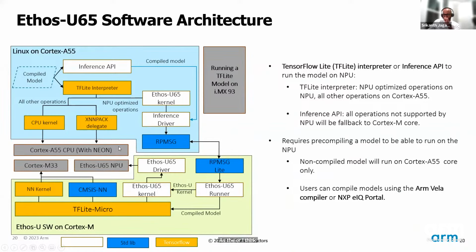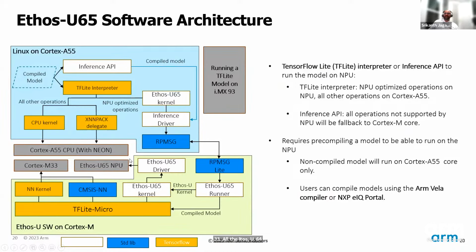Oh, I think I switched that. Sorry for that. It should be the other way. The TF Lite interpreter provides the path to running the ML applications on the A55 or the Ethos-U65 core, while the inference API provides the path to run the models on the Cortex-M33 or the Ethos-U65 NPU core.